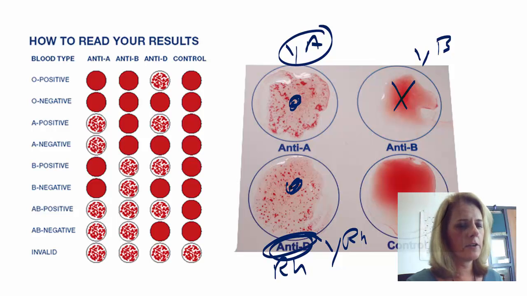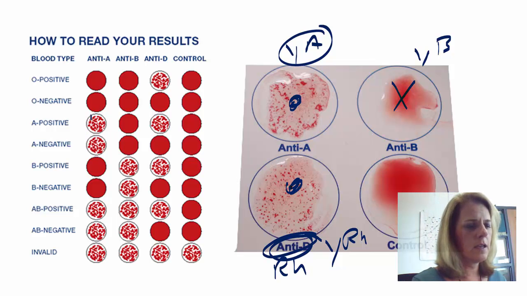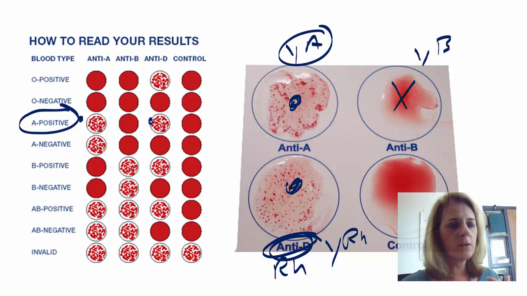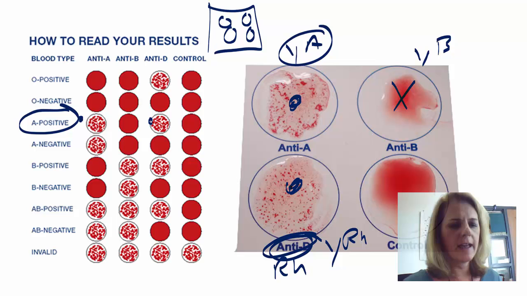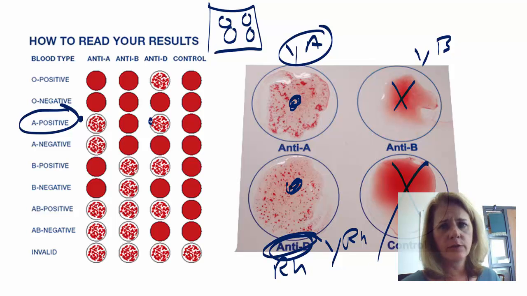All right, so if I'm getting clumping with the A, so let's look over at our chart. So I've got clumping here. Okay, so I've got clumping, and then I've got my anti-D clumping. I have A positive blood. All right, so what I want you guys to do is just kind of make your own square at home, and I want you to just kind of draw these out with your anti-A, anti-B, anti-D, and controls. You always put a control to make sure your card's actually valid and working.